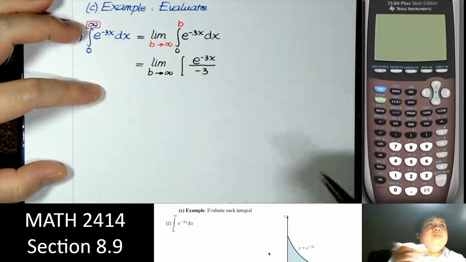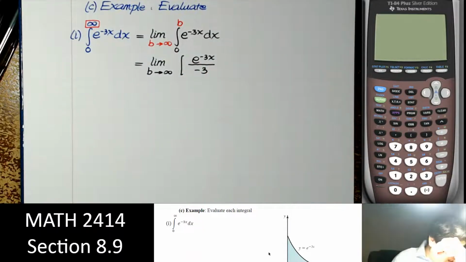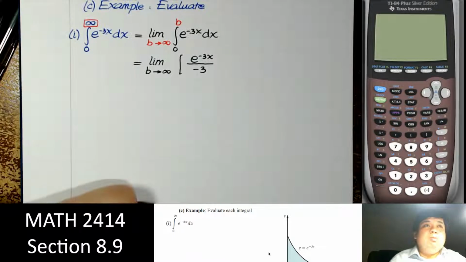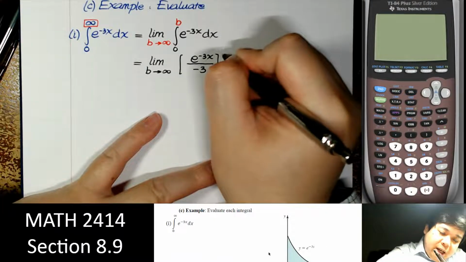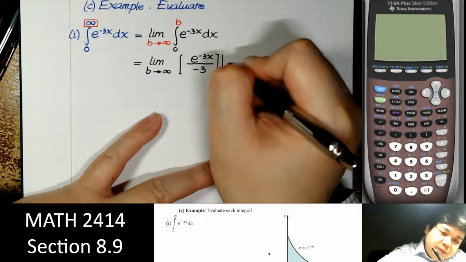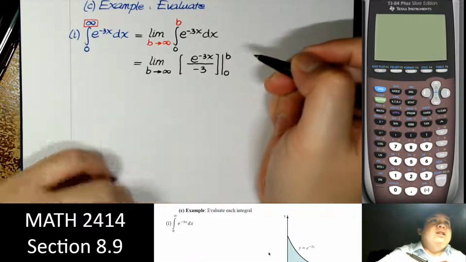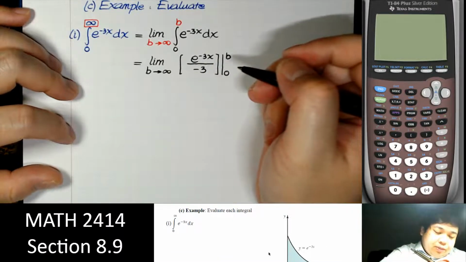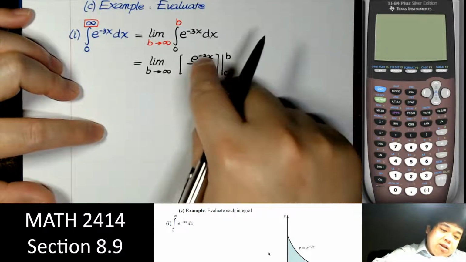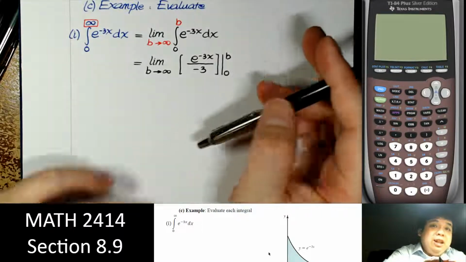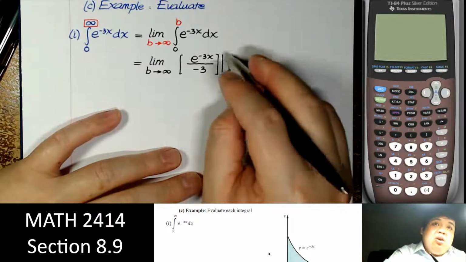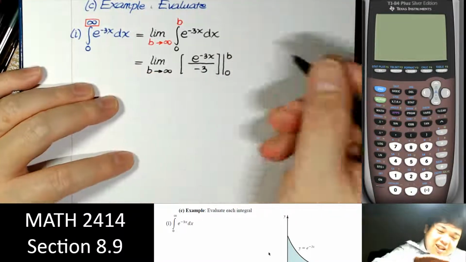We did this many times in the integration by parts. The limit will go from 0 to b. Now put in the limits. Sorry, that could be confusing. By put in the limit, I mean 0 and b, not that.